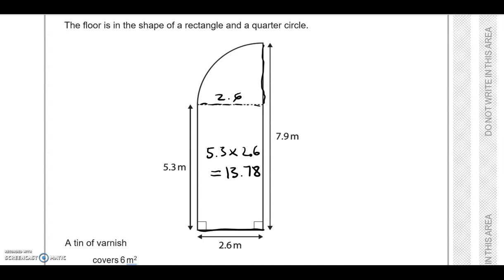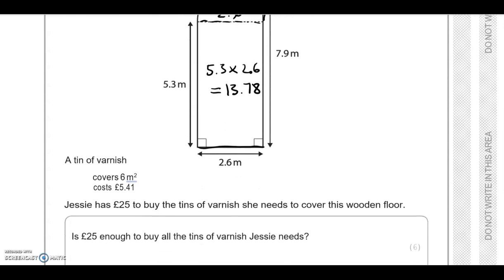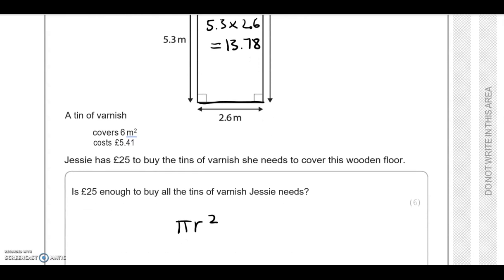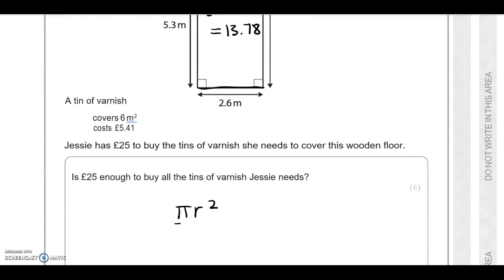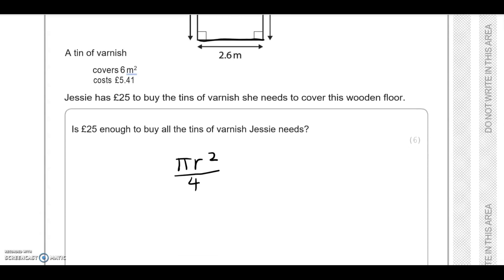So we know that we work out the area of a circle through this formula, which is pi r squared. Now that's going to be a quarter of pi r squared. So we're going to divide it by 4 or multiply it by 1/4, give us the same answer. We haven't been given a specific value for pi, so I'm just going to plug that into the calculator.